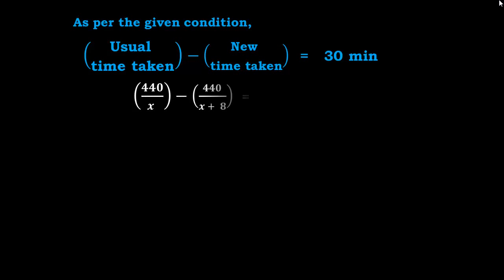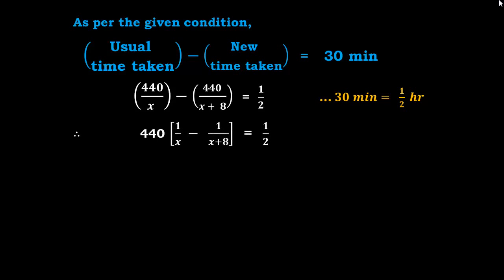So 440 upon x minus 440 upon x plus 8 is equal to 1 upon 2. Now we can solve this by taking 440 common in bracket: 1 upon x minus 1 upon x plus 8 is equal to 1 upon 2. Now we can cross multiply this.